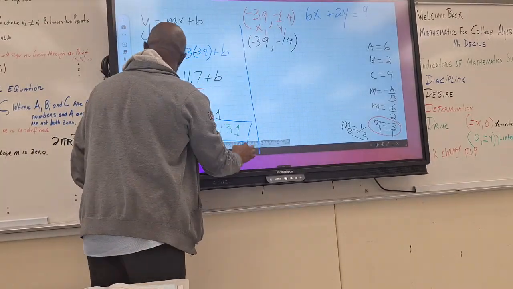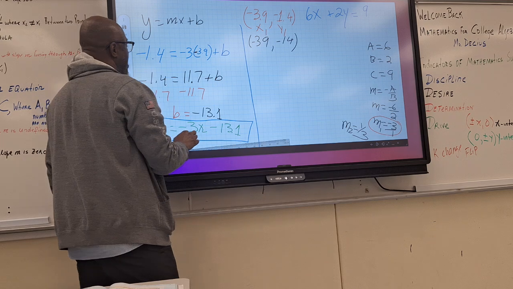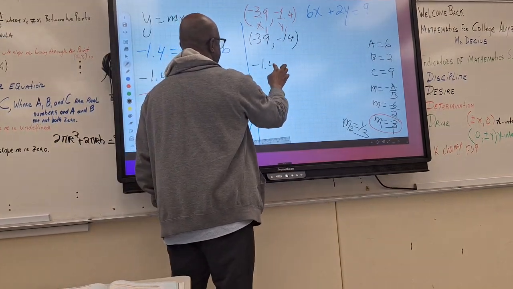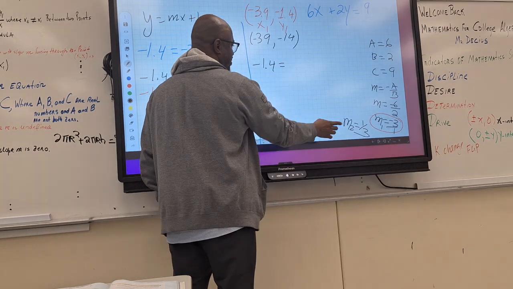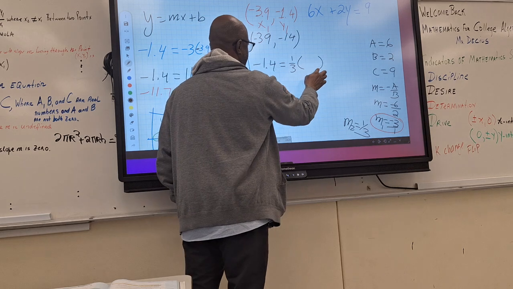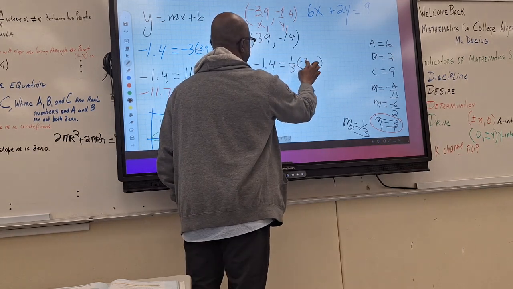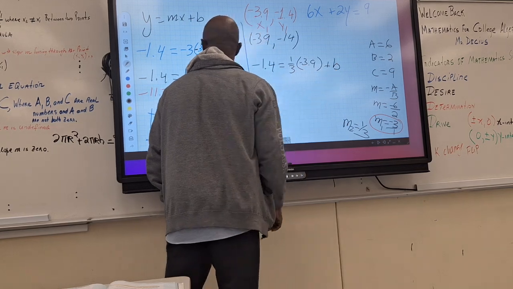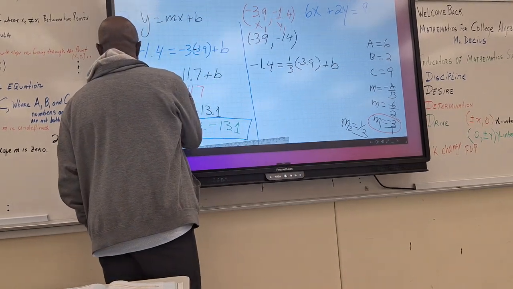My y1 is negative 1.4 equals my slope, 1/3, times negative 3.9 plus b. Use your calculator.